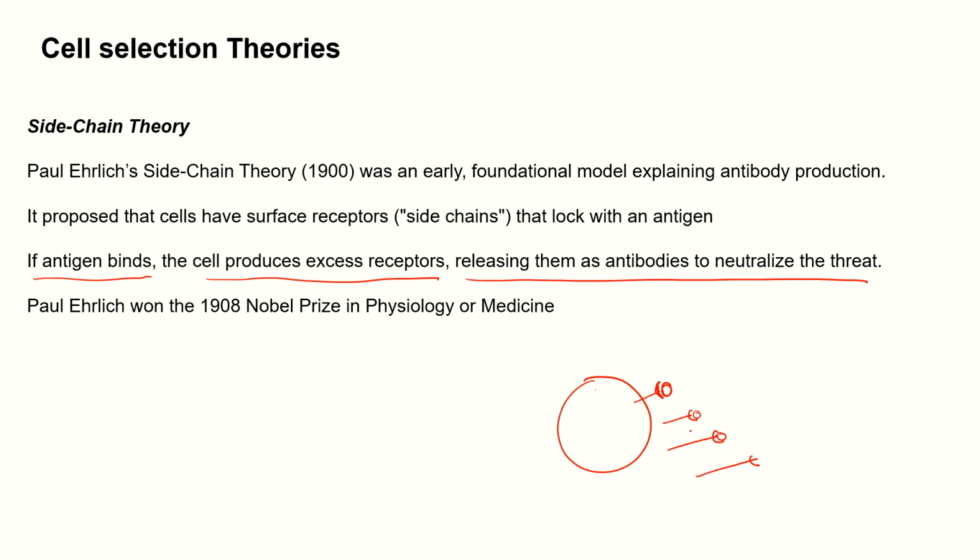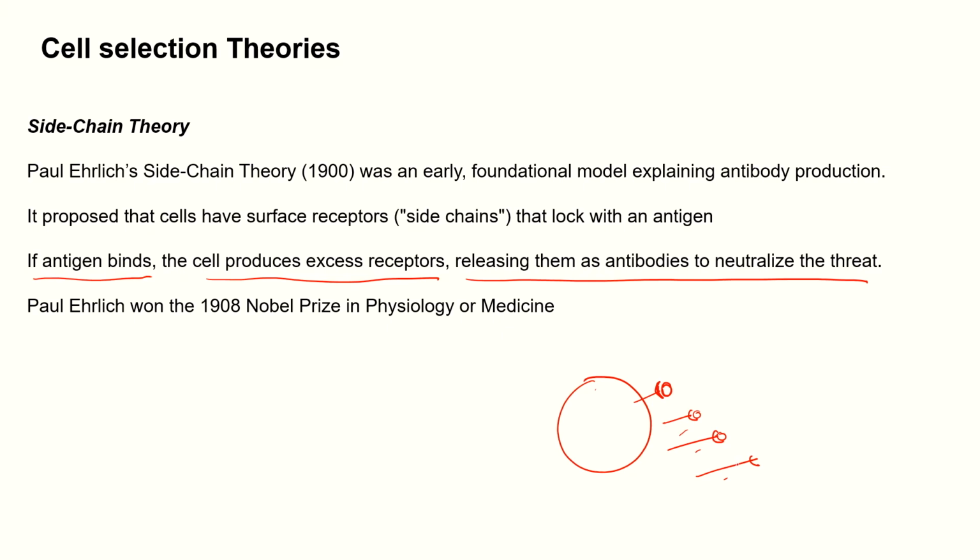So essentially, once there is recognition of an antigen by this receptor, the receptor can be produced in large quantity and then solubilized into the body system in order to neutralize the antigen. This was the fundamental theory, which is valid to some extent even today.